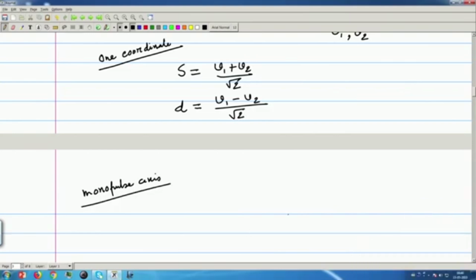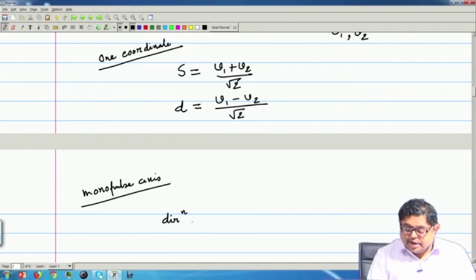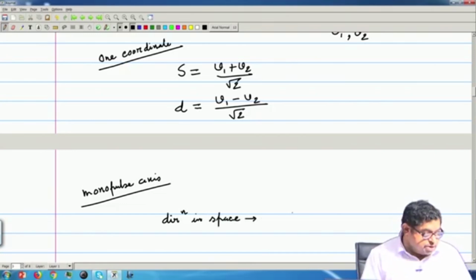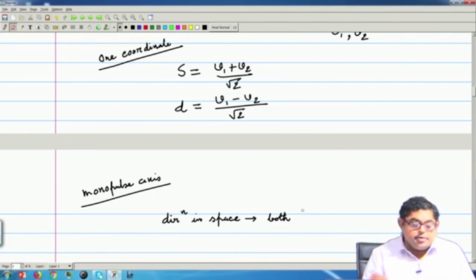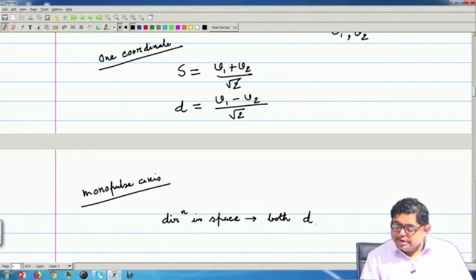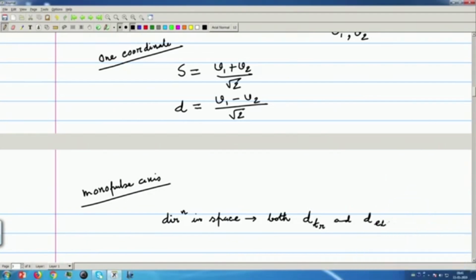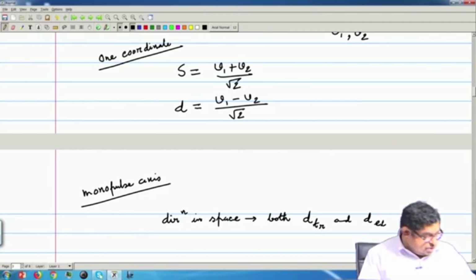So, it is the direction in space where both the DTR and D elevation patterns, that means traverse difference and elevation difference patterns, have their nulls.